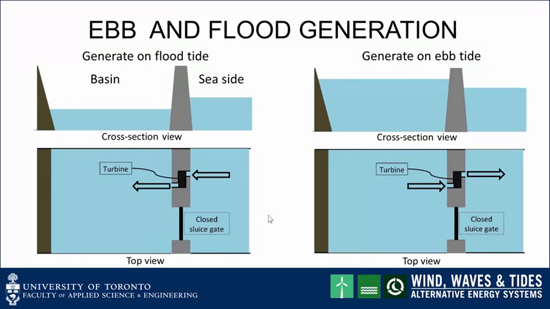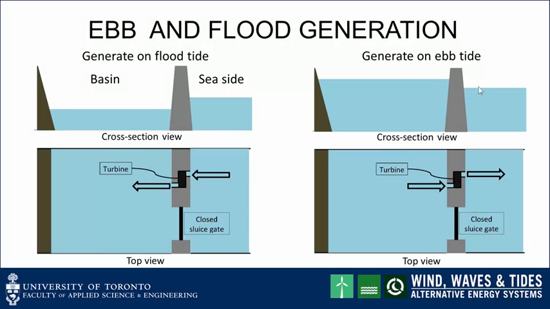A more complicated arrangement is to try to capture the power in the tides on both flows. So generating on the flood tide, here we see again from the seaside there's a different height that drives the flow through the turbine, so that water flowing in on the flood tide is coming into the tidal basin through the turbine. The sluice gate is closed.